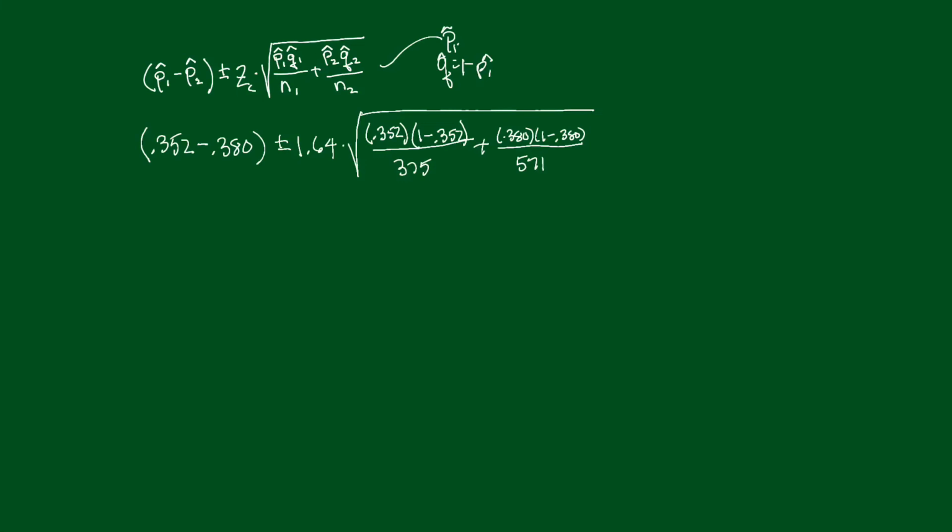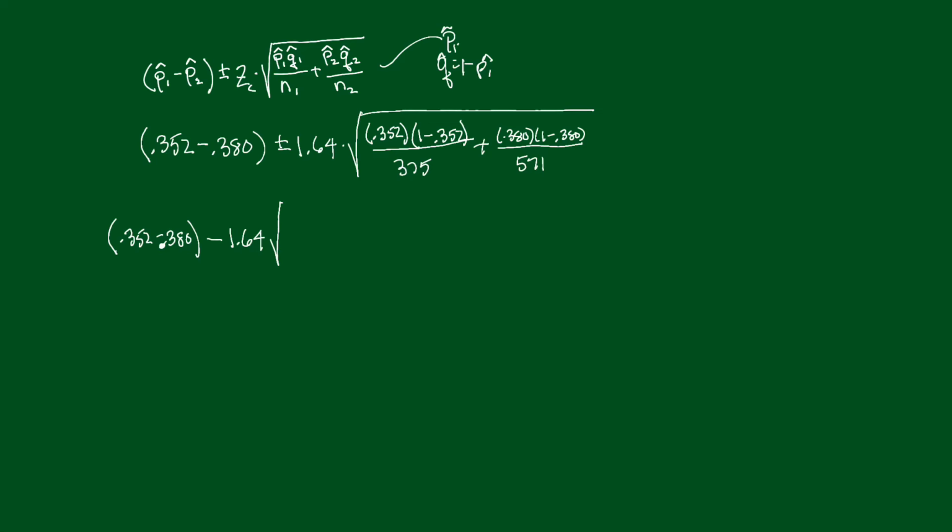Here's what I'm going to put in my calculator. I'm going to type in parentheses 0.352 minus 0.380, and then, I can't do both plus and minus at the same time, so I'll just do a minus and then come back and get the plus. So it's going to be 1.64, and then press the square root key.